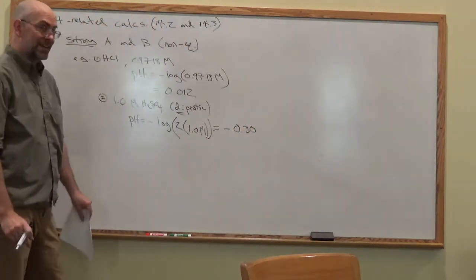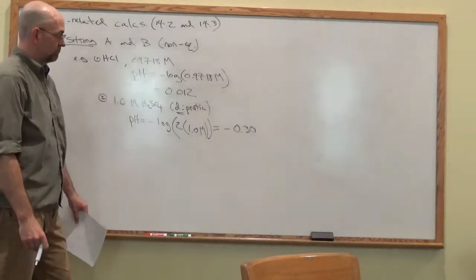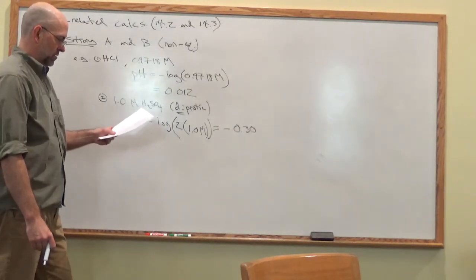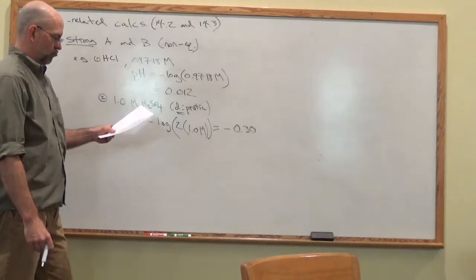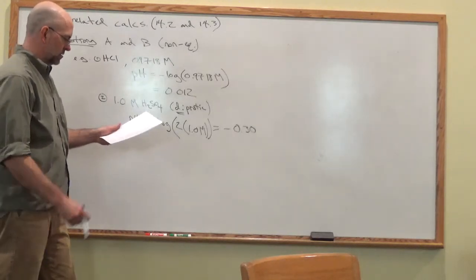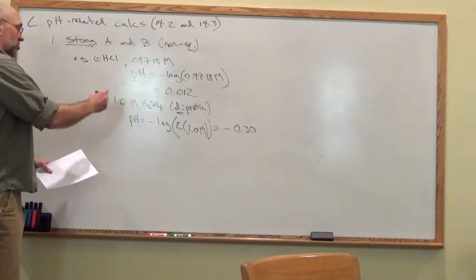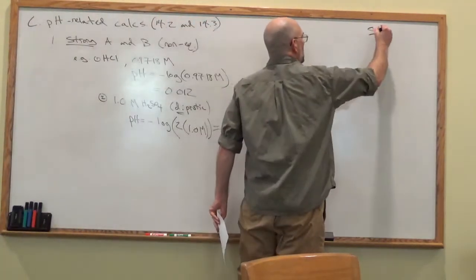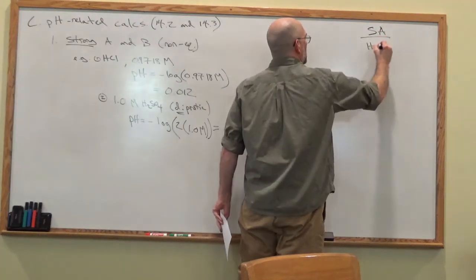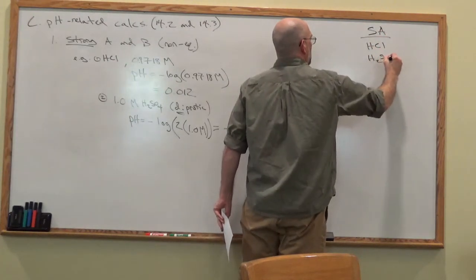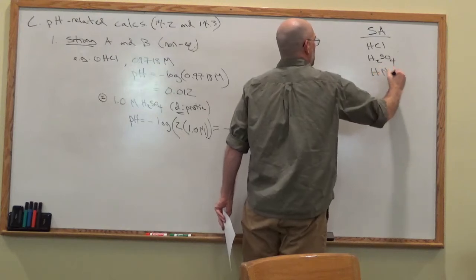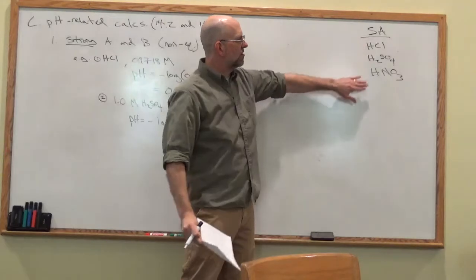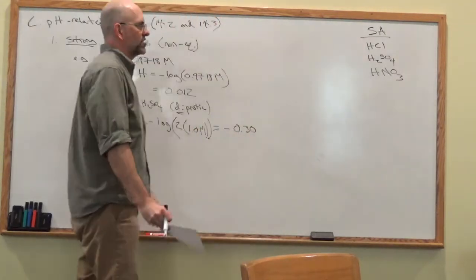Believe it or not, negative pH is possible. I think that ends up being correct. So, strong acids: I'm not going to have you memorize a bunch of things. Hydrochloric acid, sulfuric acid, nitric acid, those are pretty common strong acids.